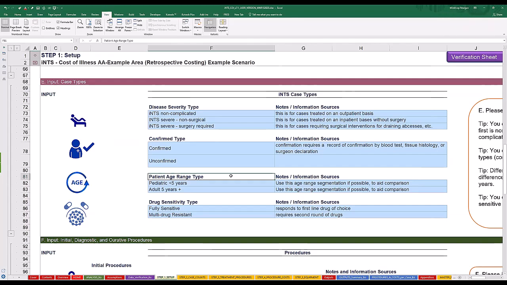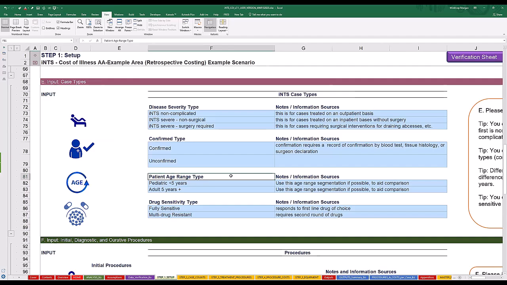So, Win, if I may ask one more question regarding this confirmation type. I understood what you just explained, but if a patient is having clinical manifestations or symptoms which look like INTS, but is missing the blood test results or other confirmation, could that be counted as unconfirmed INTS?